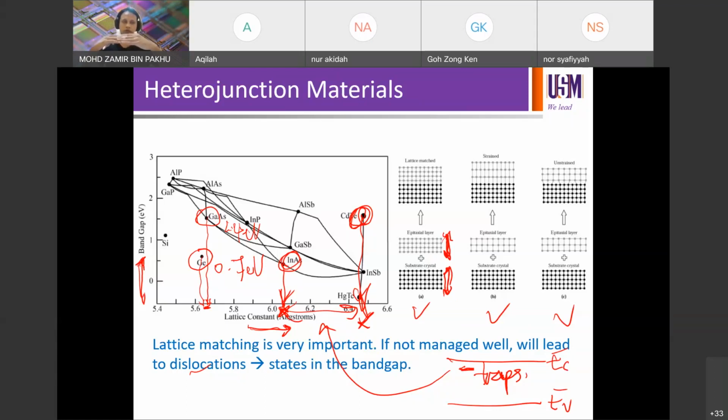That's why you do the deposition layer by layer, slowly, in order to make sure that the crystal growth is the way we want it to be. So lattice matched, this one is a bit strained and this one is unstrained. See the matching.